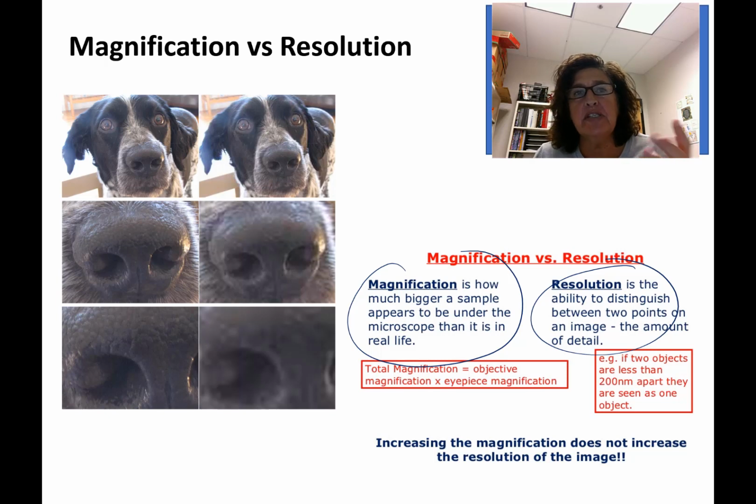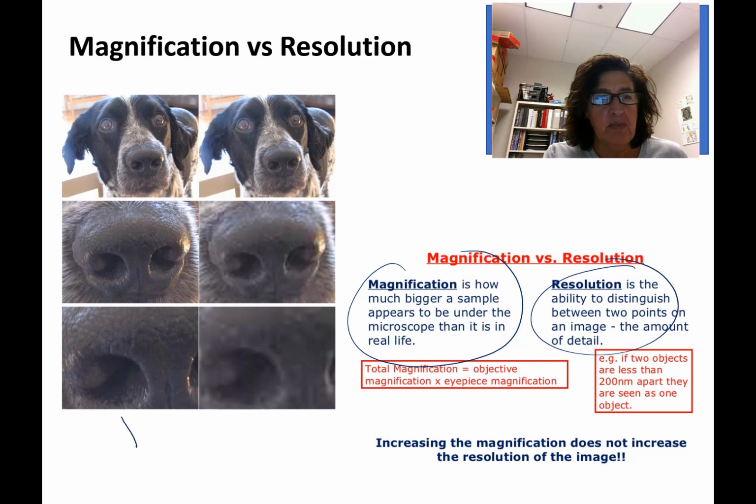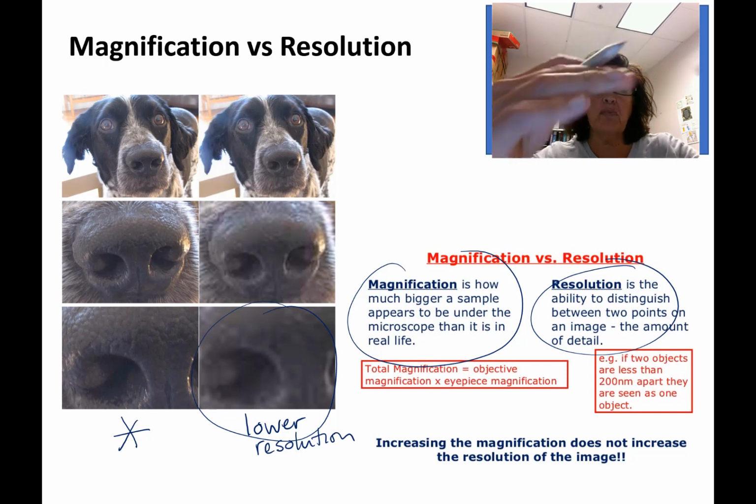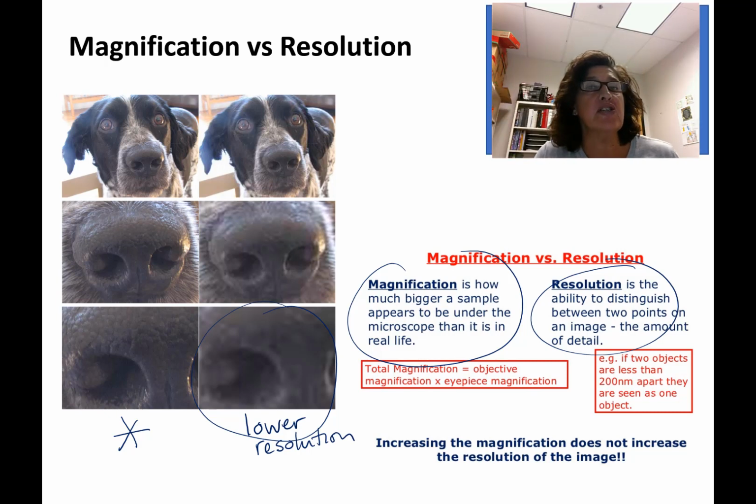So can you distinguish between two spots, two images? You can see that you have much better resolution on the left-hand side. It's all blurry over here. So this would have lower resolution. They're both images at the same magnification.